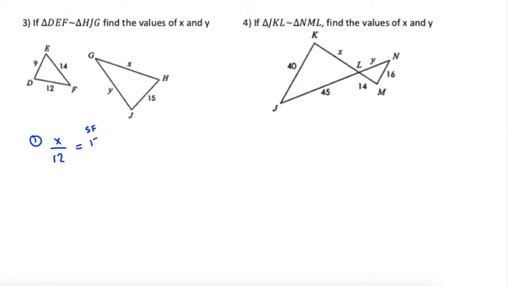So 15 goes with JH, so that's JH should be ED, 9. I didn't want to use the y that goes with the 14 because that would give me 2 unknowns. I'm going to set up a second equation using this relationship. To start us off, we have finding x, 9 times x, and 15 times 12.